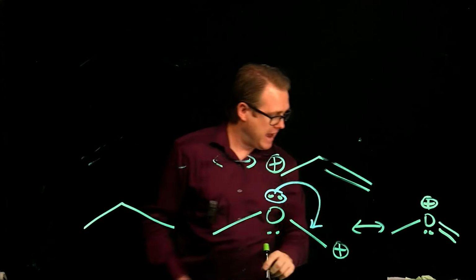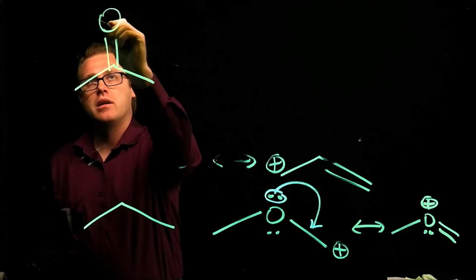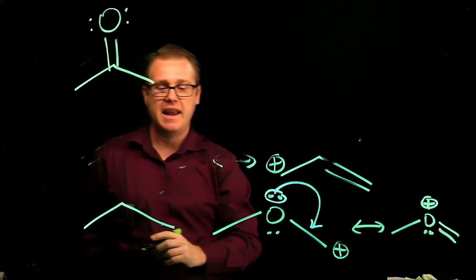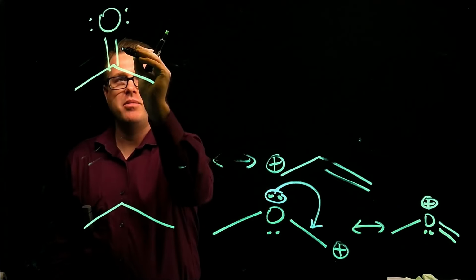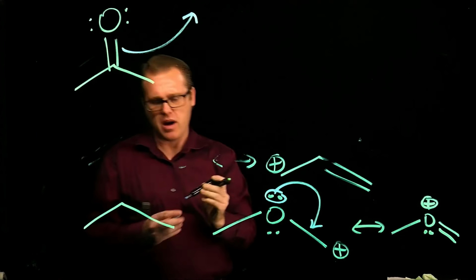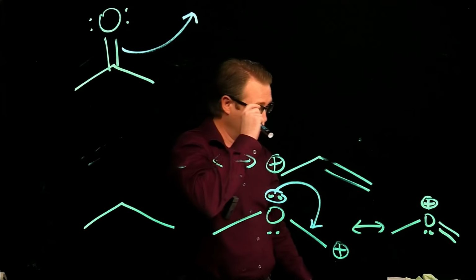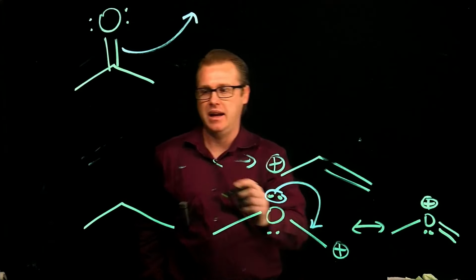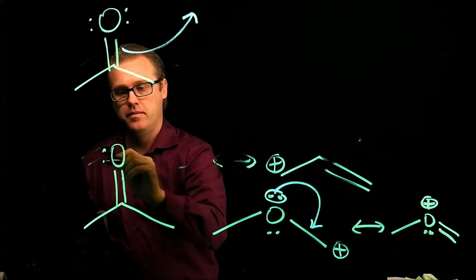The next thing that you should never ever do is when you have, let's say, this guy right here. Never ever draw your resonance arrows where you take the electrons in the pi bond and just throw them off into space. The electrons aren't going to just go off into space. You have to show exactly where those electrons are going.